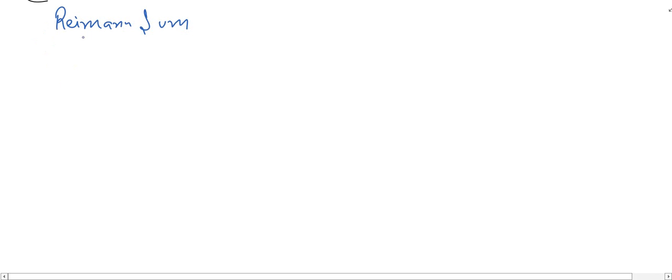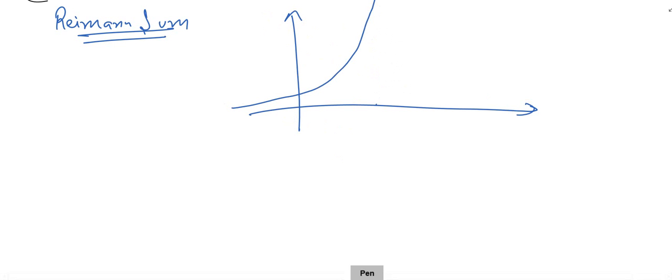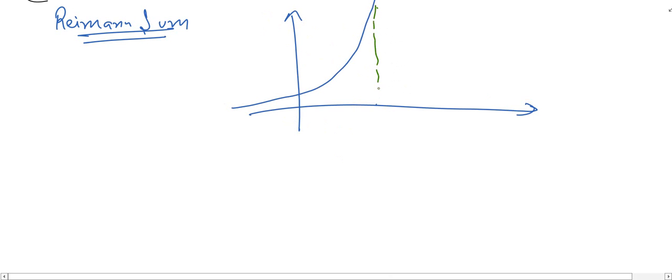Riemann was a very great mathematician, and he was the first to formalize what the area would be if we are having some different and weird kinds of graphs. If this is the graph he was having, and till this extent he has to find the area, then he told us to start from 0, let us say from this point, right?